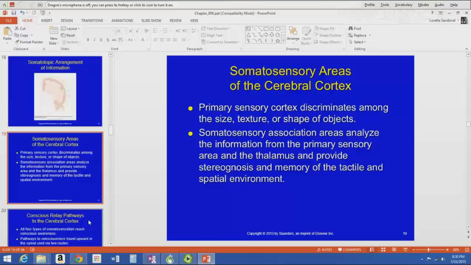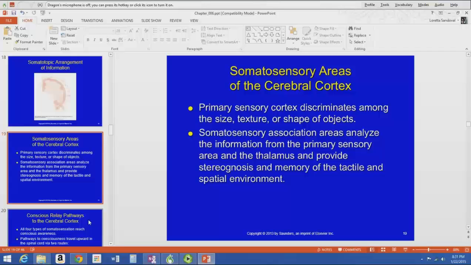There are areas in the cerebral cortex called the somatosensory association areas, and they analyze the information that comes in from those primary sensory areas and the thalamus, and they provide the stereognosis and the memory of the tactile and spatial environment.